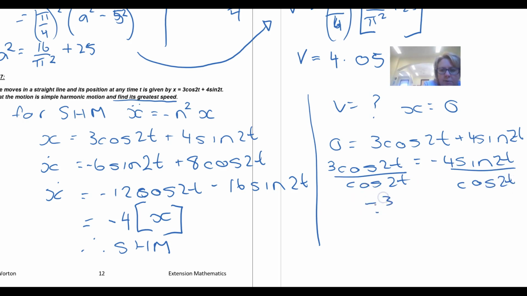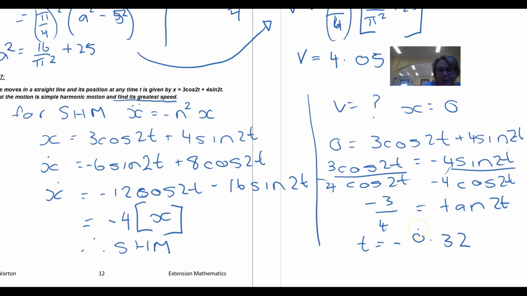So I've got minus 3 on 4 from bringing the 4 over is equal to tan 2t, and t is equal to minus 0.32 when you put in your calculator.